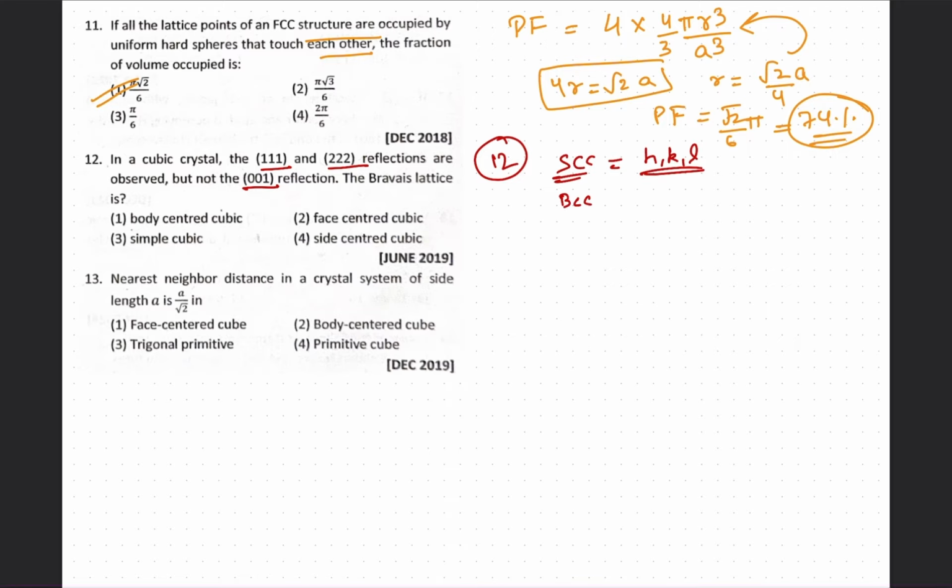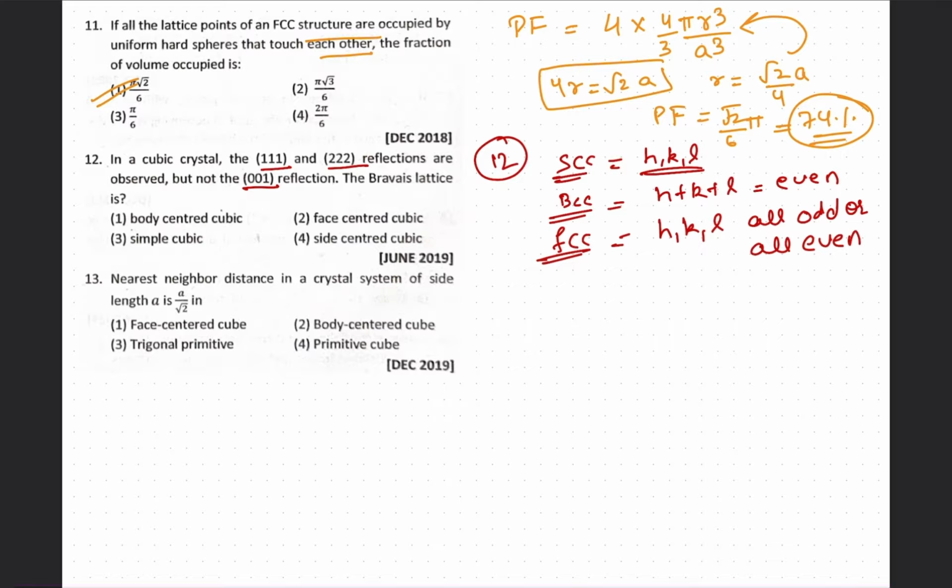For BCC, H plus K plus L should be even. For FCC, it is either HKL all odd or all even, but that should not be the mixture. So in this case it is all odd and all even, so the answer will be 2, right.